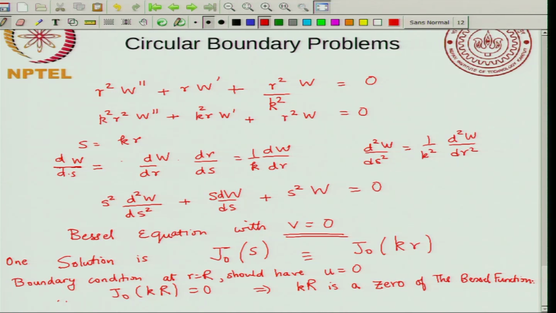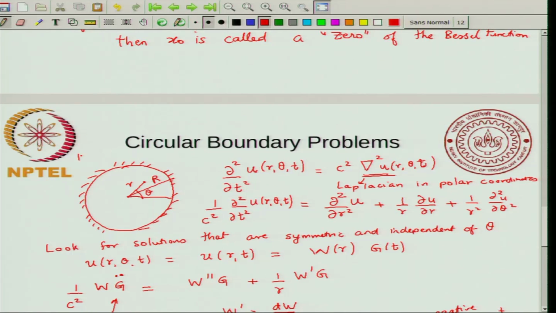Okay. So, if you think of what the solutions look like, if you go back to your drum, imagine this to be your drum, I will show it in green. At this point you have r equal to 0 and you imagine that you have these Bessel functions, and they should go to 0 at the boundary. This is what it will look like in one direction, but it will look the same way in all directions.